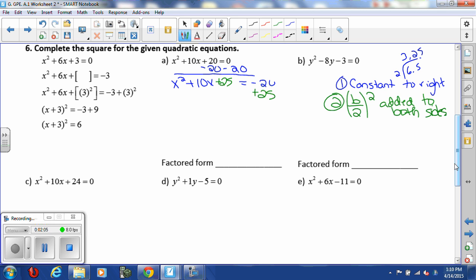Now from last night's homework, which is what Kaylee did over here, now we can take this and write the factored form. What's the factored form?